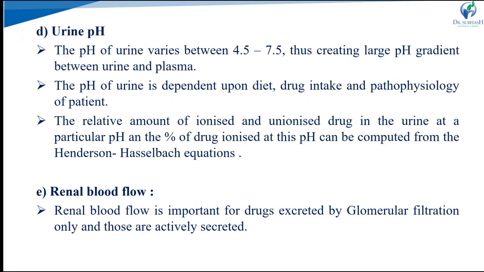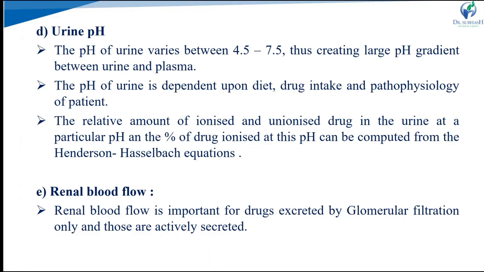Next, the urine pH. Most drugs are weak acids or weak bases, so by changing the pH we can alter their absorption or reabsorption. The pH of urine varies between 4.5 and 7.5, averaging around 6, creating a large pH gradient between the urine and the plasma.